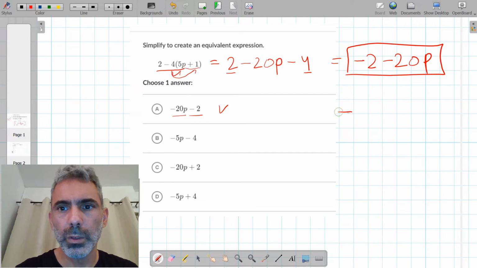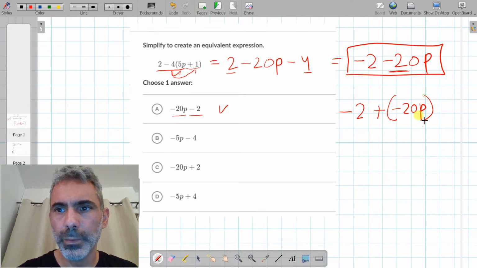We can write this expression like this: minus 2 plus negative 20p.